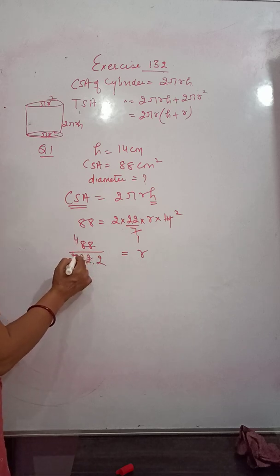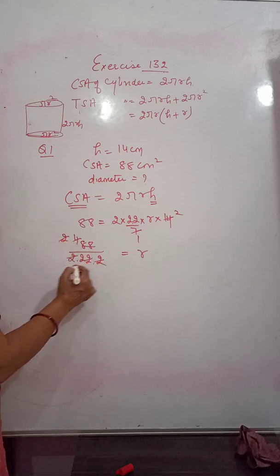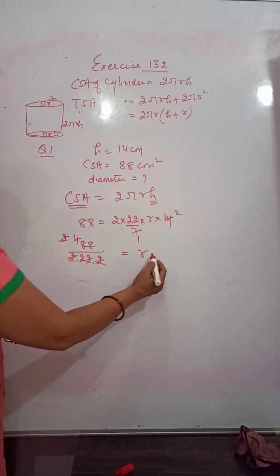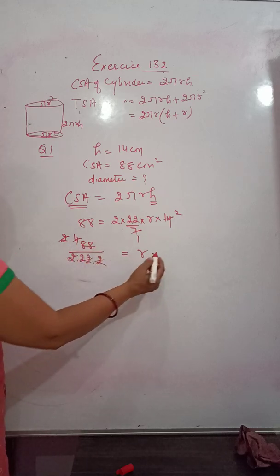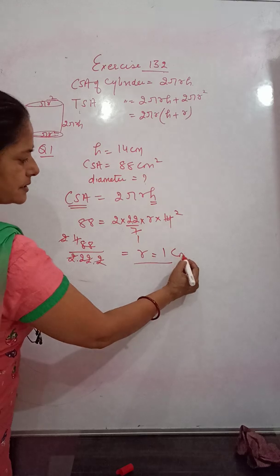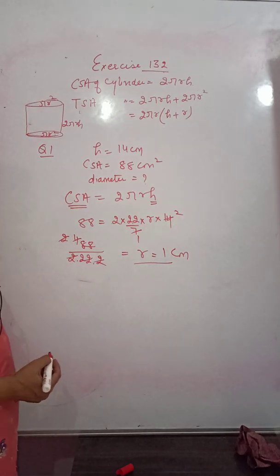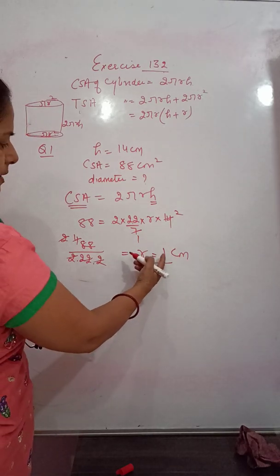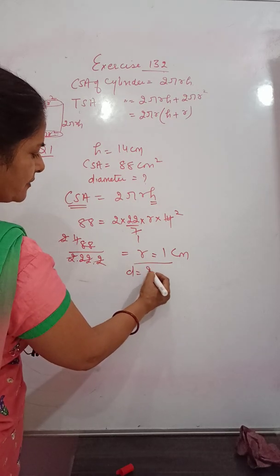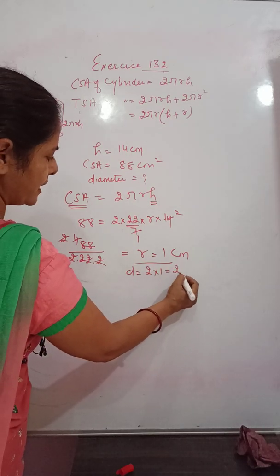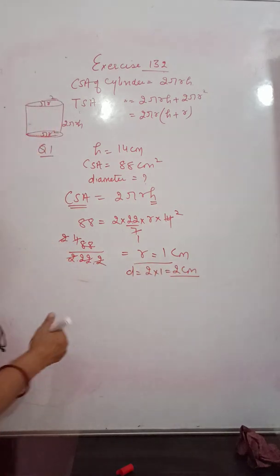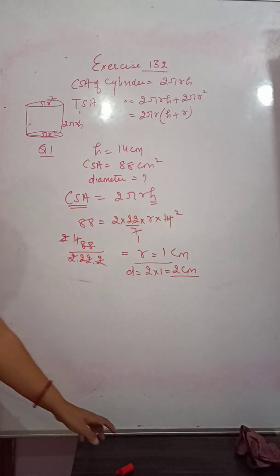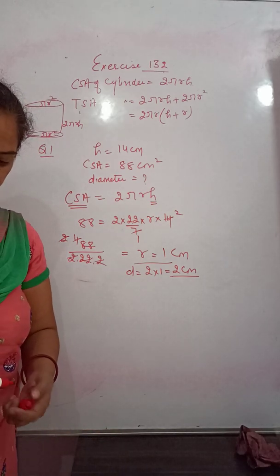It comes out to be 1 centimeter. Now beta, radius is 1 centimeter, so diameter will be 2 into 1, that is 2 centimeter. We have to find diameter, so it will be 2 centimeter. Clear?